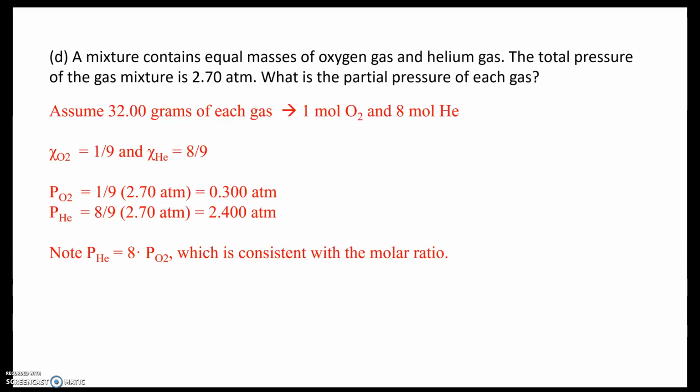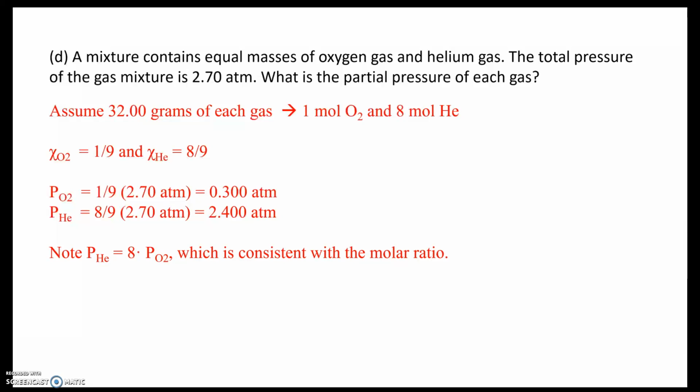We're just going to assume that because oxygen has a molar mass of 32 grams. So if I do that, I can see that I've got 1 mole of oxygen, and helium has a molar mass of 4. So that tells me, equal masses, I've got 32 grams of each gas, so I have 1 mole of oxygen, 8 moles of helium.